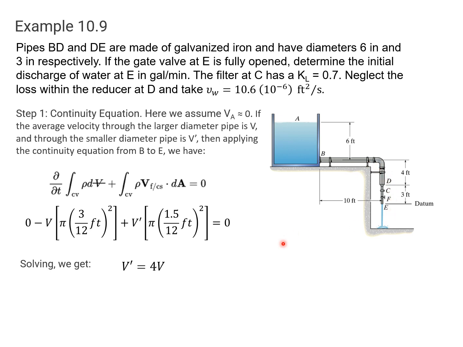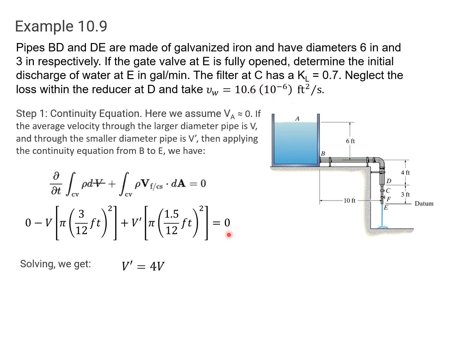Let's say we have a gate valve at E that is fully open. Determine the initial discharge of water at E in gallons per minute. It has a filter at C that has a KL value of 0.7. It says to neglect the loss within the reducer at D and take the kinematic viscosity to be the value shown.